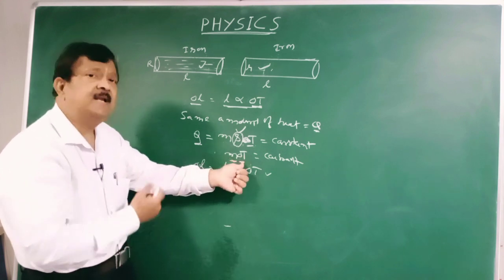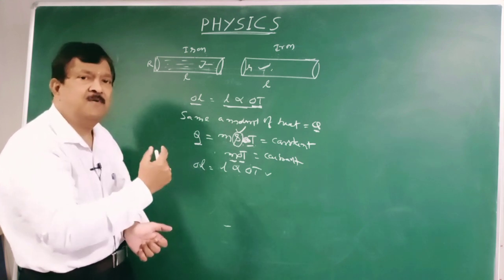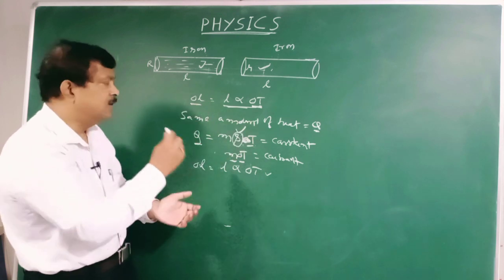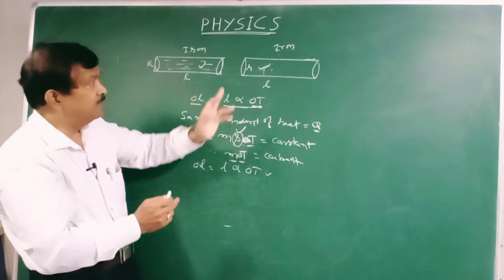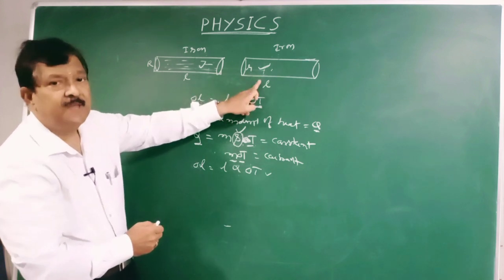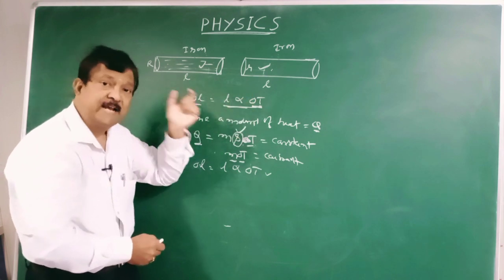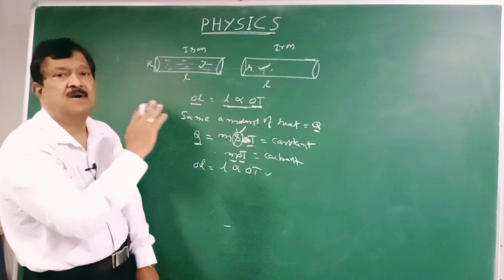Corresponding to that, the change in temperature is small. So the solid body will expand by a small amount and the hollow body by a larger amount. So remember this as an important standard result: when physical dimensions are the same and the same heat energy is supplied, the hollow body will always expand more than the solid body.